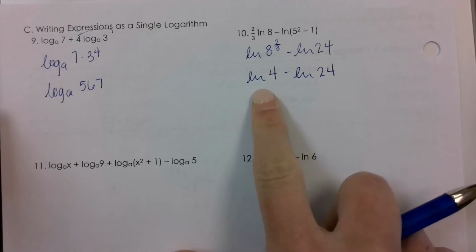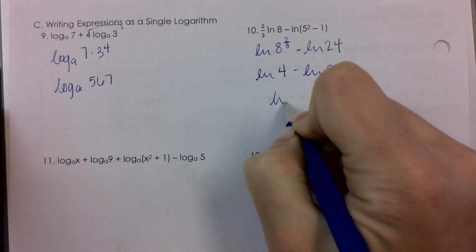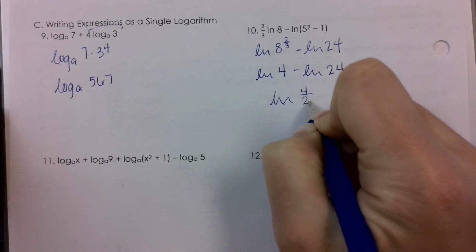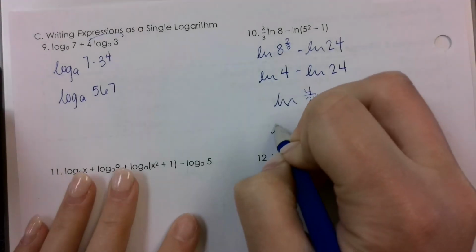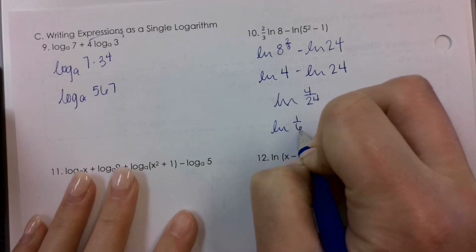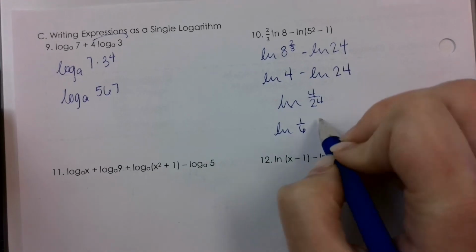So since they're subtracting, what can we do to put this into one log? Divide. So natural log of 4 over 24. And what does that reduce to? 1/6. So it's natural log of 1/6. How could you rewrite that with an exponent? 6 to the negative 1.